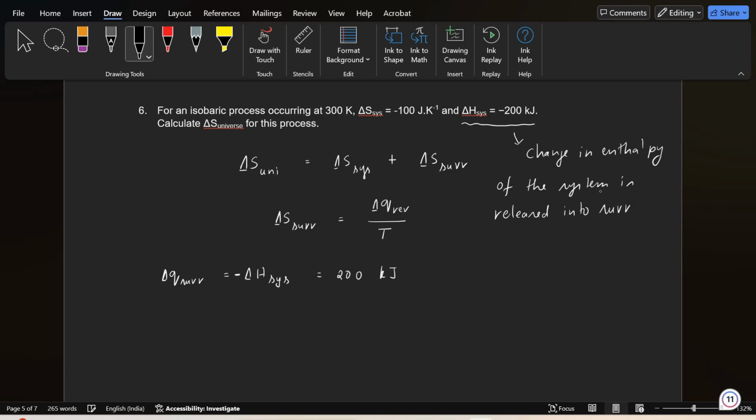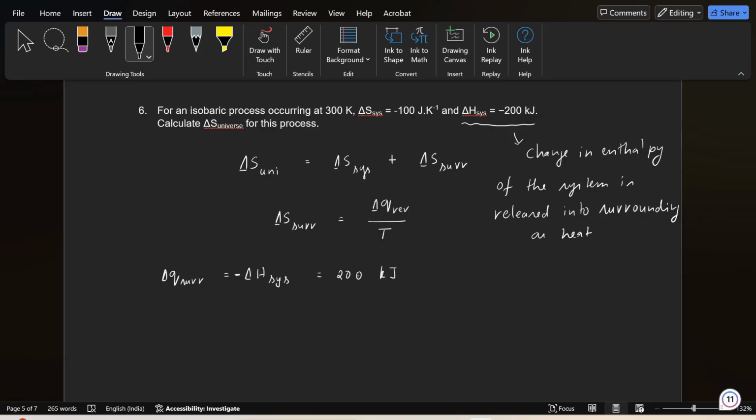Since delta H system is negative, it means it's releasing into the surroundings, correct? The heat is going away from the system. If it's going away from the system, for the surrounding it is coming in, so that means it is positive. That's why I have put delta Q surrounding as negative of delta H system. Negative and negative is going to become positive. You understand? Yes, sir.